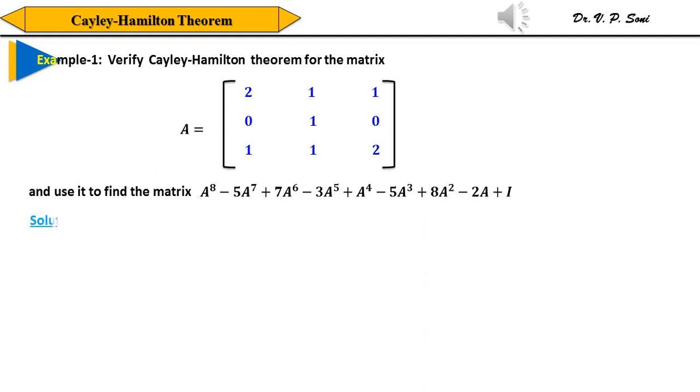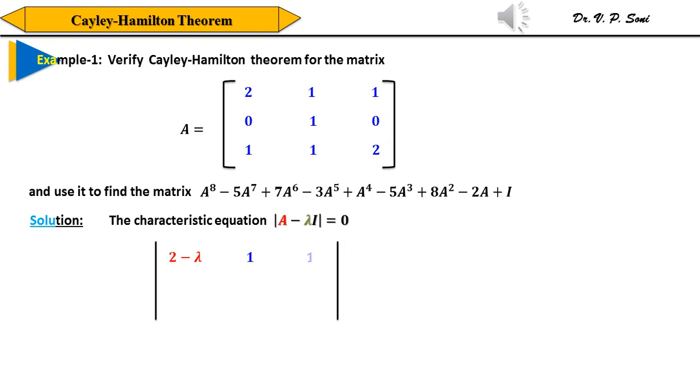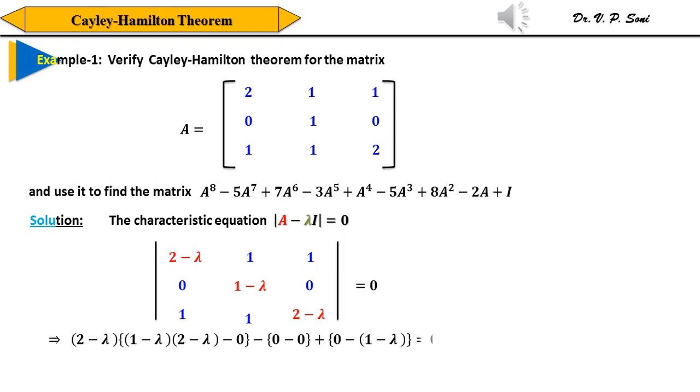Solution. Characteristic equation: determinant of A minus lambda I equal to 0. Therefore, determinant whose first row is 2 minus lambda, 1, 1, second row 0, 1 minus lambda, 0, third row 1, 1, 2 minus lambda equals 0. Now find the value of the determinant and put equal to 0.